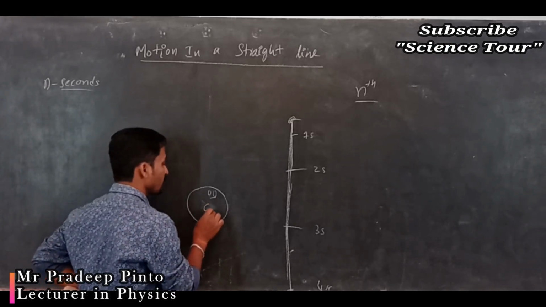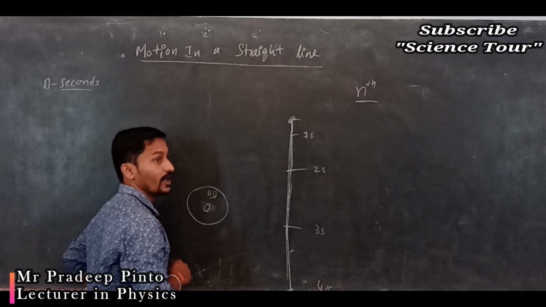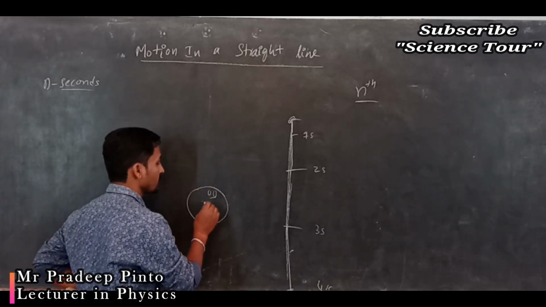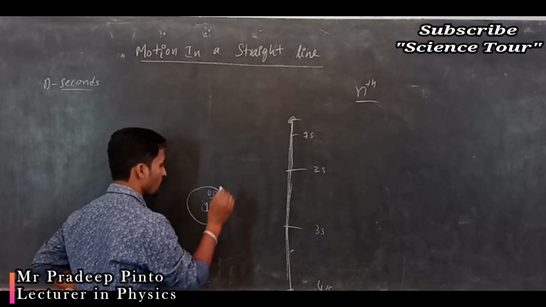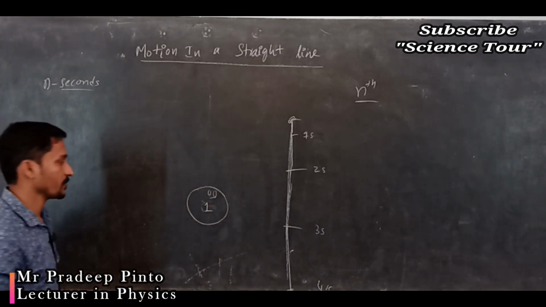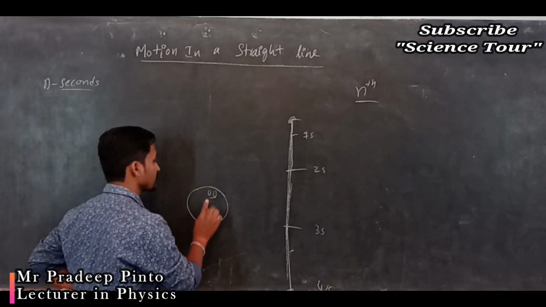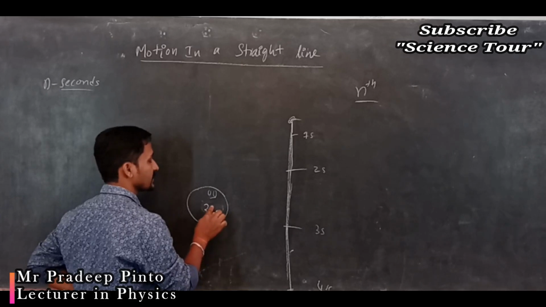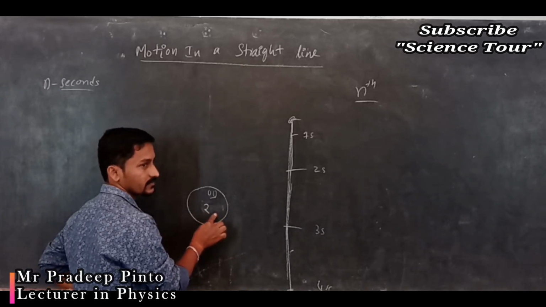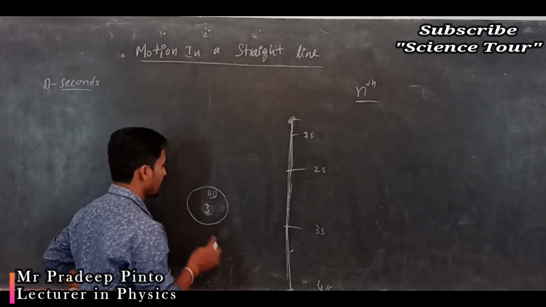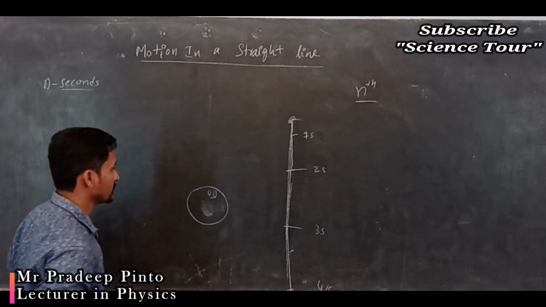If it shows 0, it is the 0th second. One second is done only when the 1 has come, till then it is the first second. After 3 comes it becomes 3 seconds, like that.